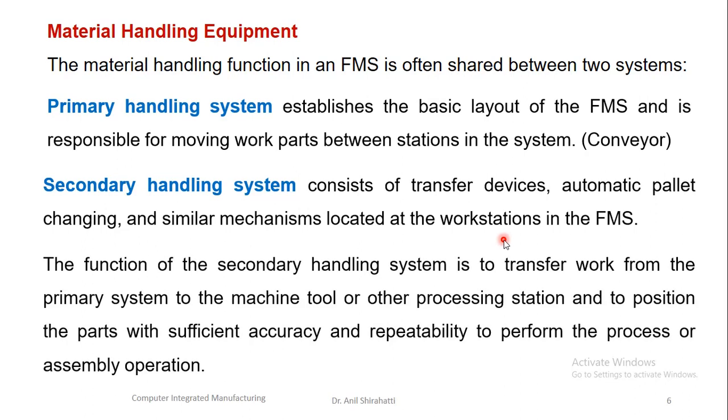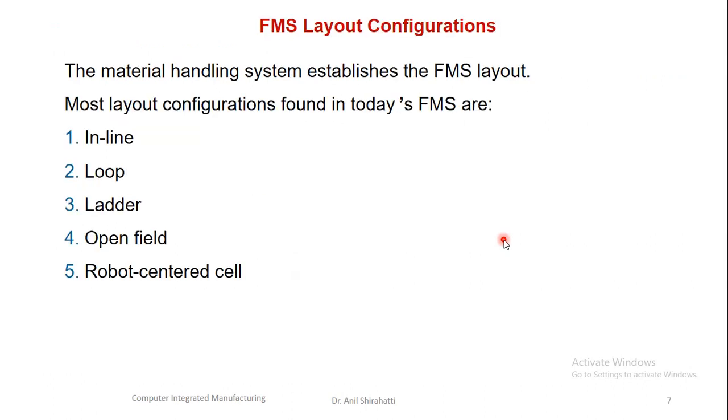The function of the secondary handling system is to transfer the work from the primary system to the machine tool and other processing stations, and to position the part with sufficient accuracy and repeatability to perform the process and assembly operation. So in general, primary is like a conveyor where your material is moved, but secondary plays a very important role because that will be related to the workstation. Whatever the part is, it should be properly and accurately positioned on the workstation.